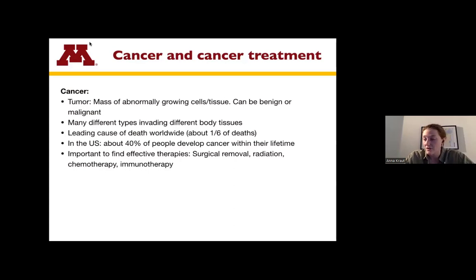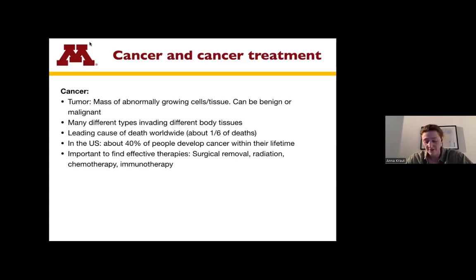So as somewhat a consequence of improving medical treatments and prolonging human lifespan, the chances of developing cancer have become very high.